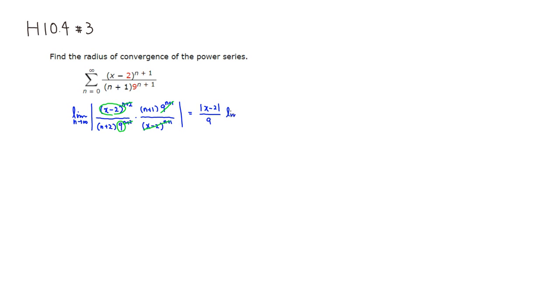What's left is the limit as n approaches infinity of n plus 1 on top and n plus 2 on the bottom. So we can use the trick we've been using: divide top and bottom by n.